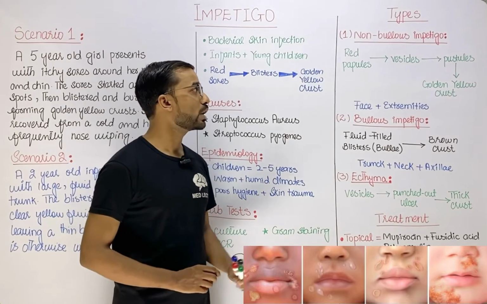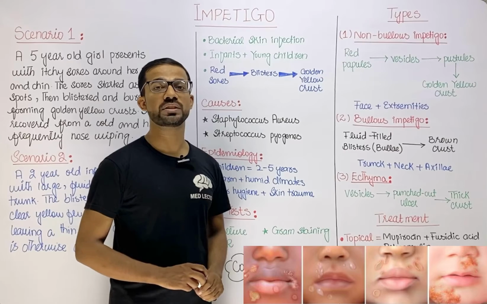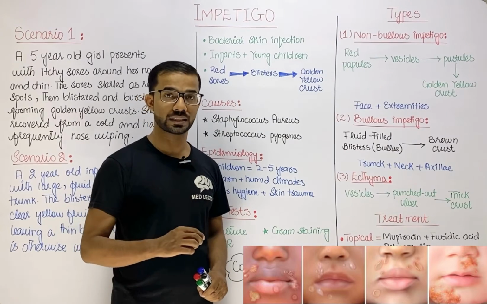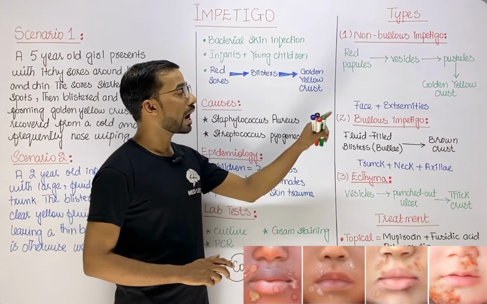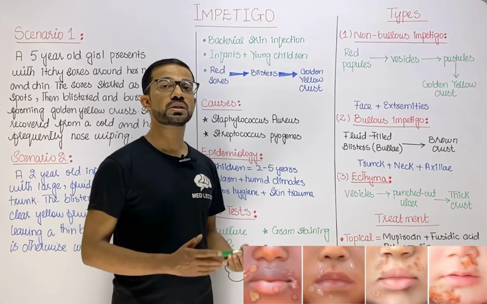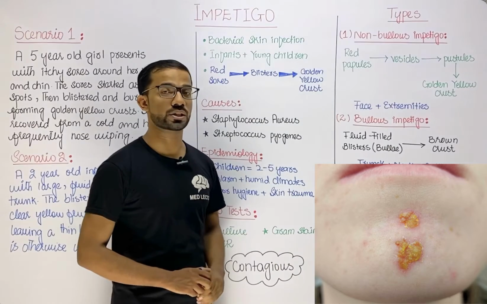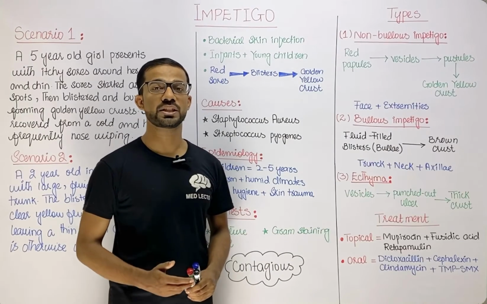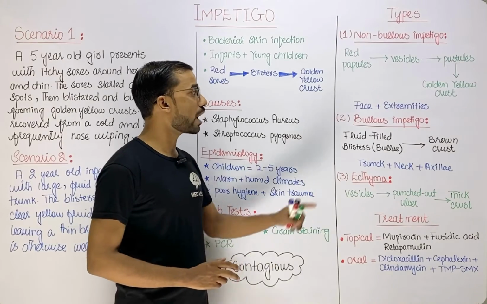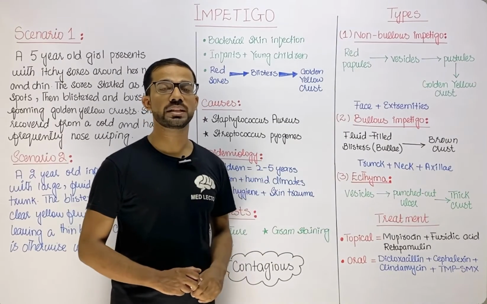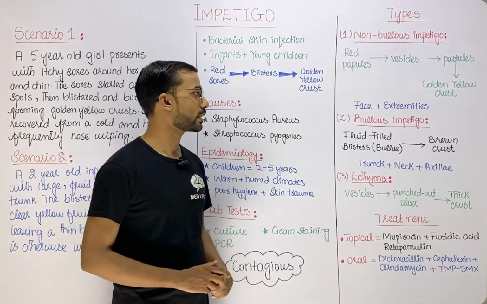After that, the next stage is pustules. In that case, you will see the formation of pus in the pustules. And after that, when the pustules burst, you will see the formation of the golden yellow crust. So these are the different stages you will see in non-bullous impetigo, and it is common on the face and the extremities like the arms and the feet.